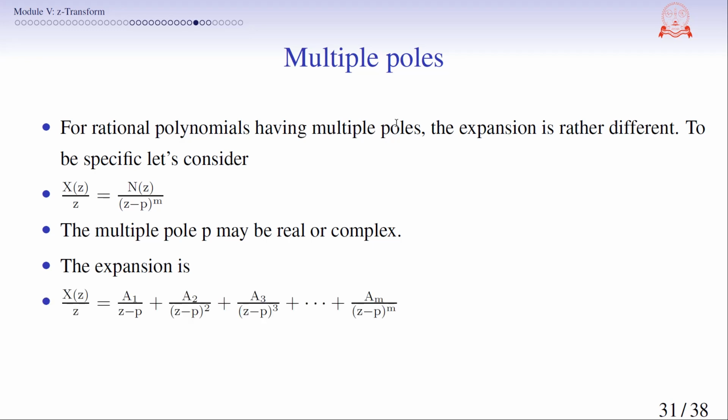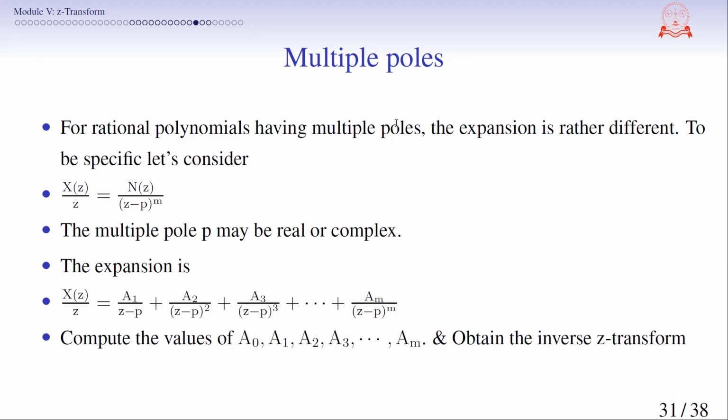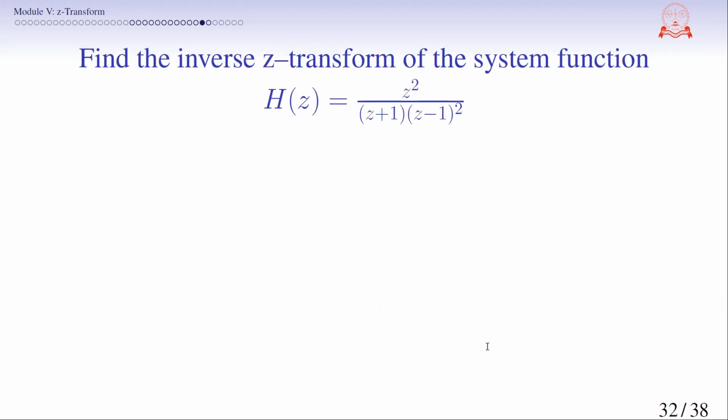So the expansion is X of z by z represented as a1 by z minus p plus a2 by z minus p the whole square plus a3 by z minus p the whole cube, etc., am divided by z minus p the whole raised to m. So compute the values, here there is no a0, a1, a2, a3, etc. up to am, and obtain the inverse z transform from our standard table and properties. So let's go through an example.